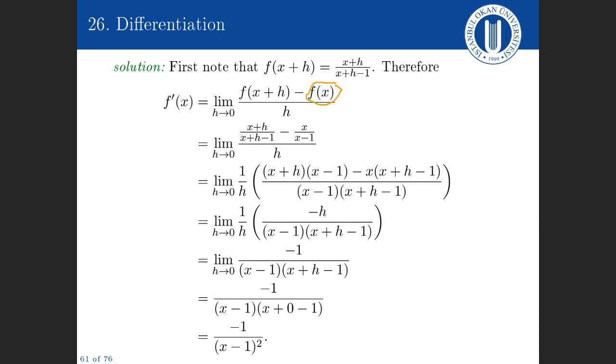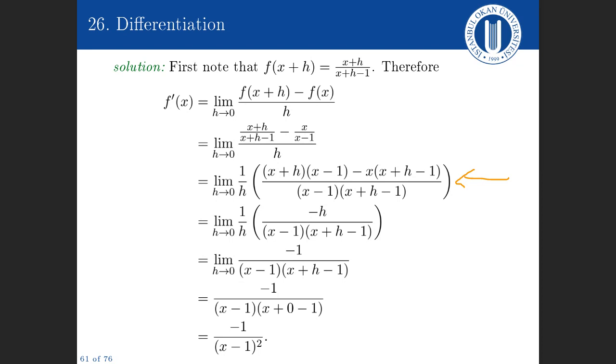So f of x, that's just x over x minus 1. For f of x plus h, we take our formula x divided by x minus 1, and we replace every x by x plus h. So x plus h on the top, and then x plus h on the bottom, minus 1. Like the previous example, we need to simplify this, and to simplify this, we need to put everything over the same denominator.